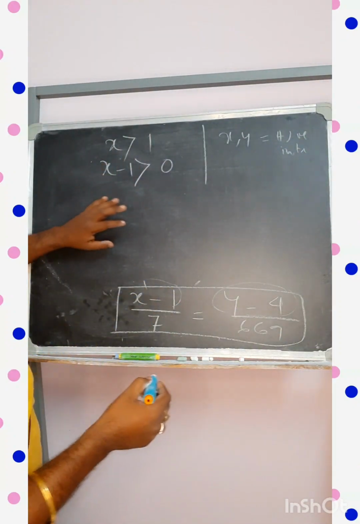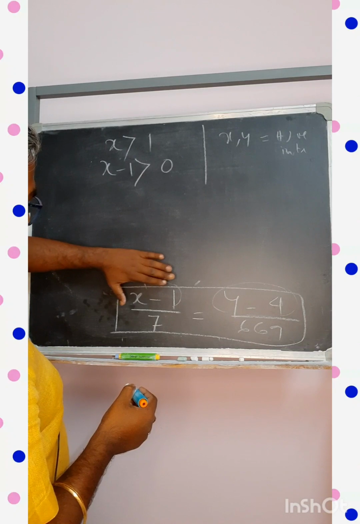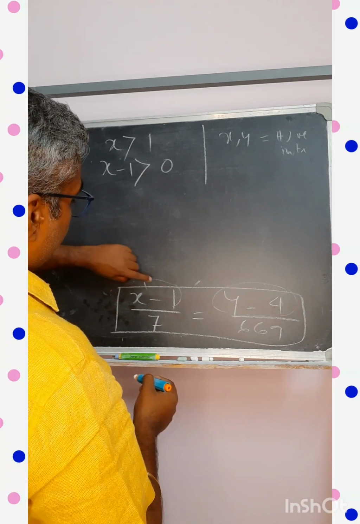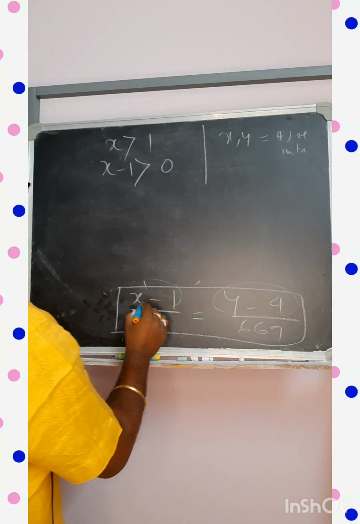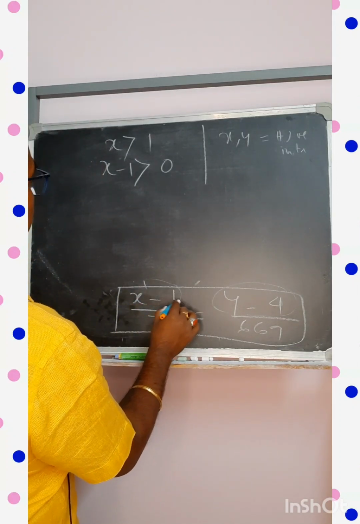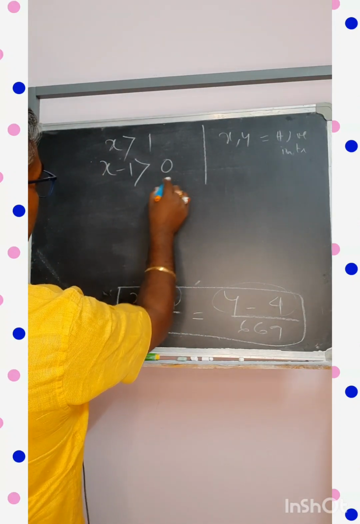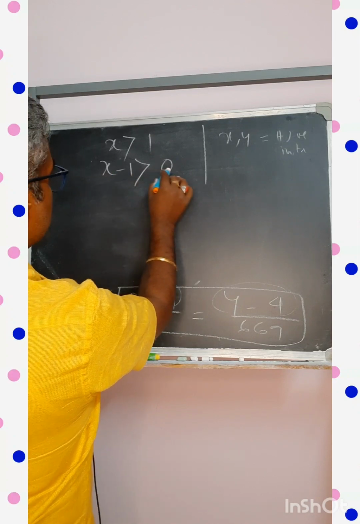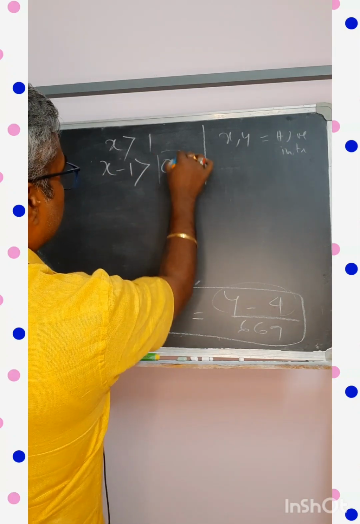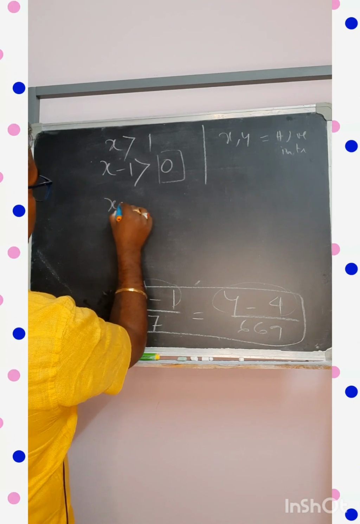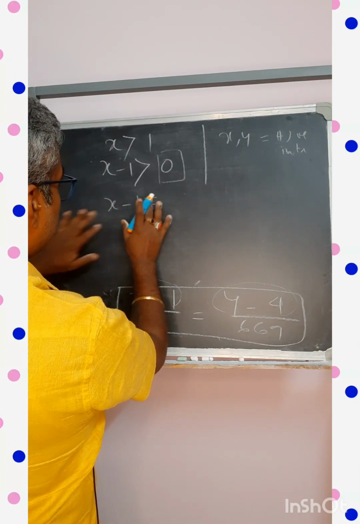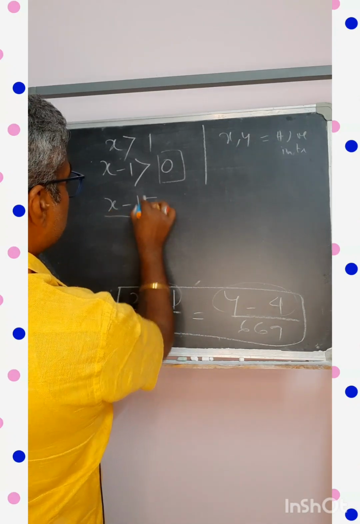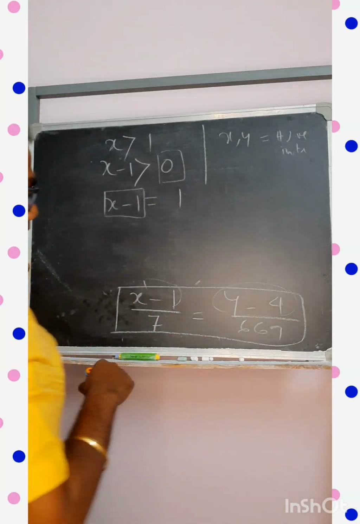To satisfy that, the minimum value attainable by x minus 1 has to be 1.